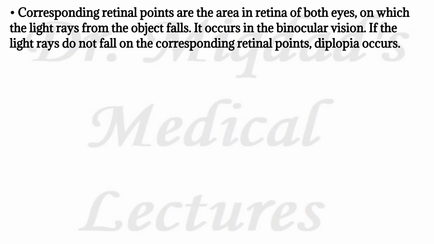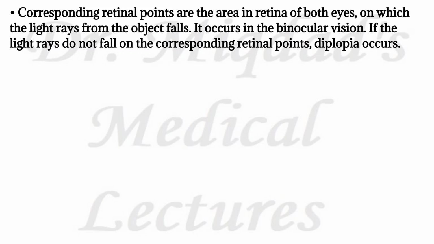This happens because of the ocular muscles, which direct the axis of the eye in such a way that the light rays from the object fall upon the corresponding points of both retinas. And in case the light rays do not fall on the corresponding retinal points, the person develops diplopia.